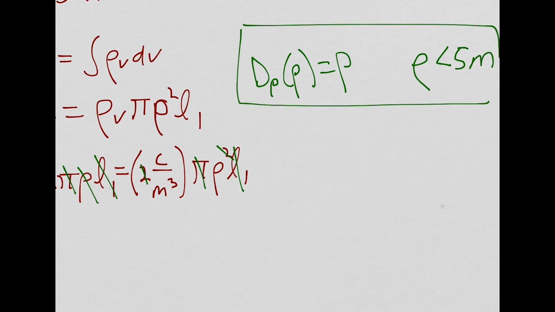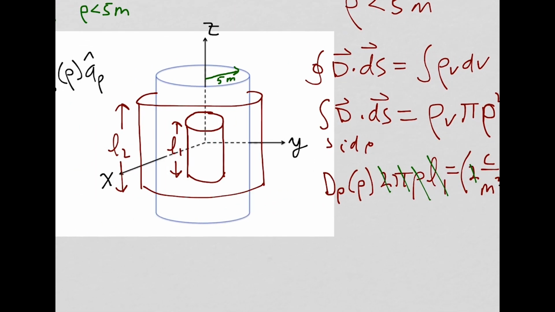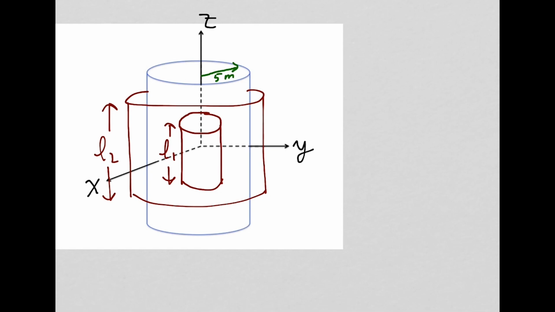Okay, so now we're going to go back and apply Gauss's law to the Gaussian surface when rho is greater than 5 meters. The difference here is that the charge enclosed will not be a function of rho, because for rho greater than 5 meters, the charge enclosed is always constant. So again, we have Gauss's law. The integral of D dot dS is equal to the charge enclosed.